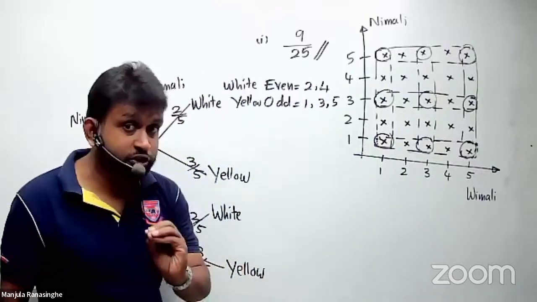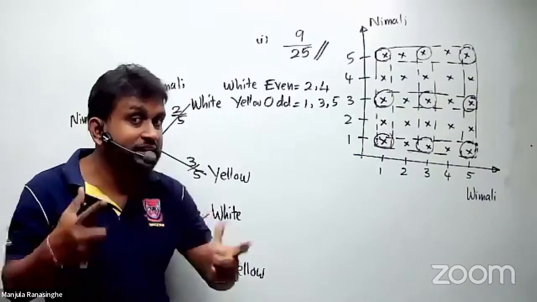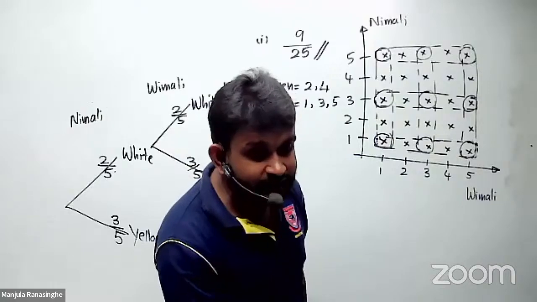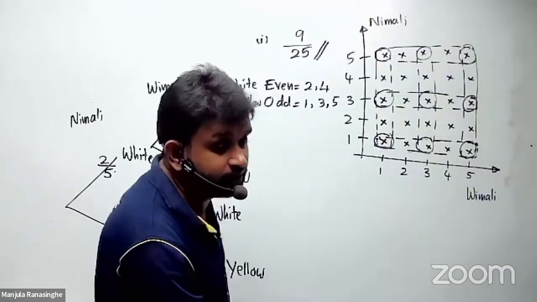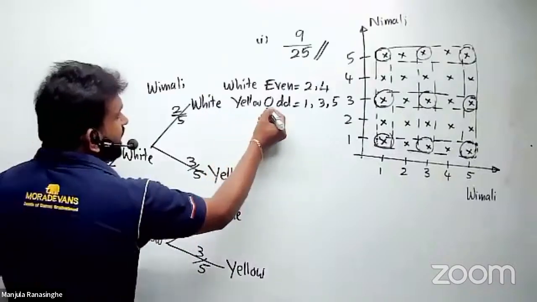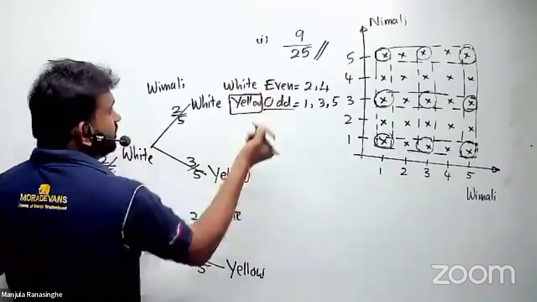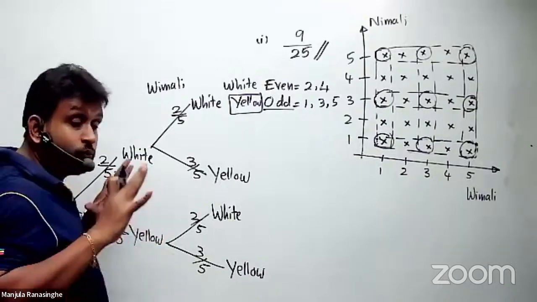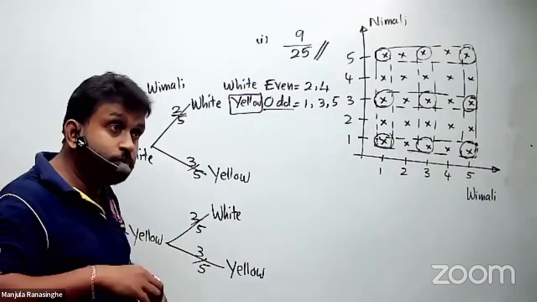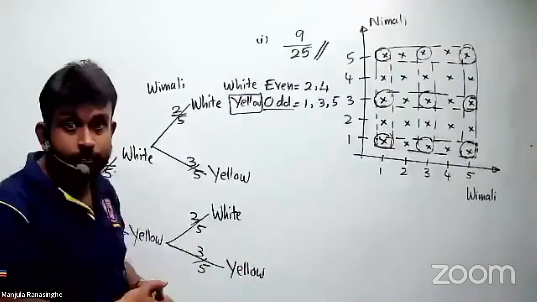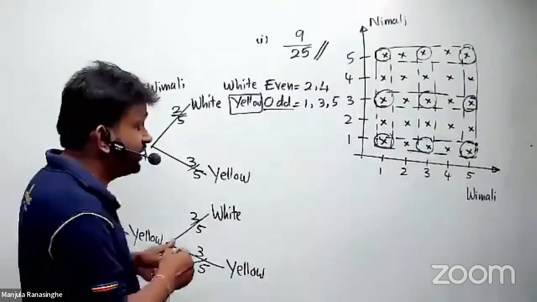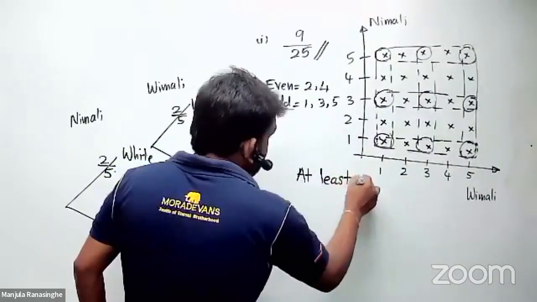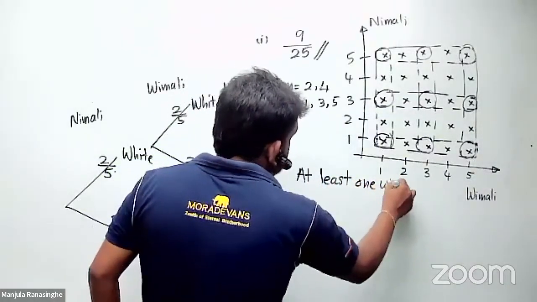The winner is the one who gets an odd number, which represents the color yellow, so getting yellow means winning. So at least one winner means either one wins or both win. At least one win means at least one victory must come.